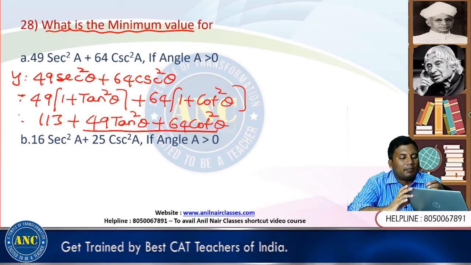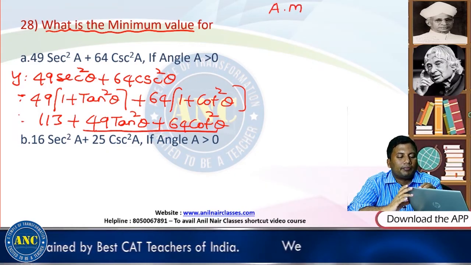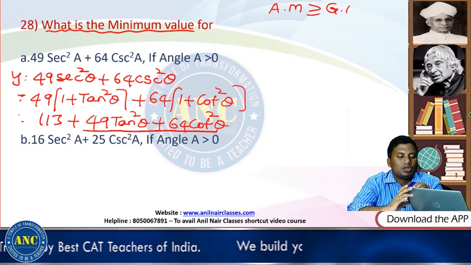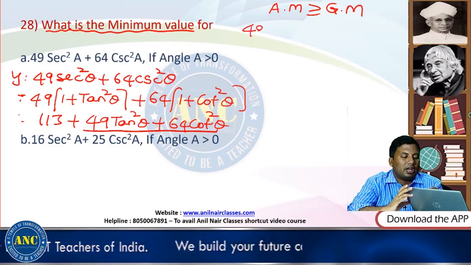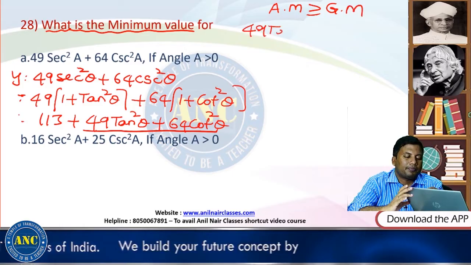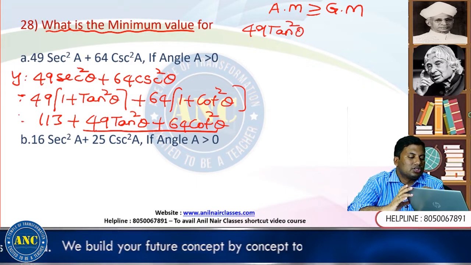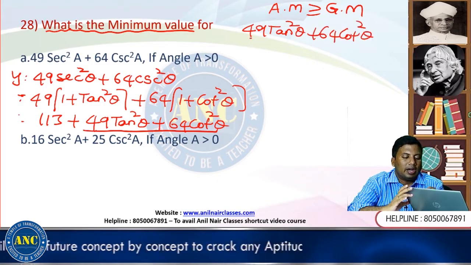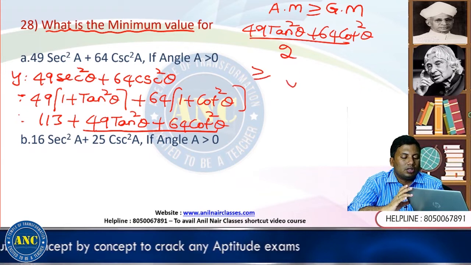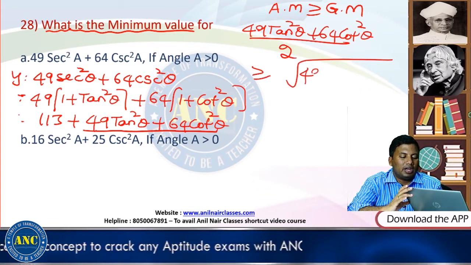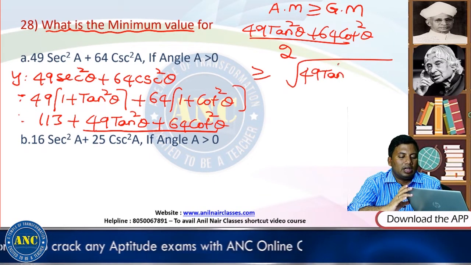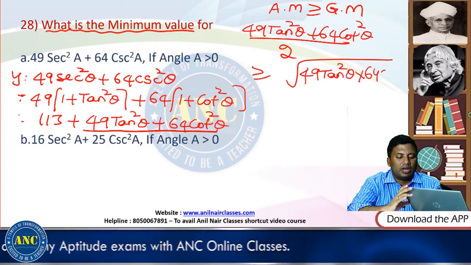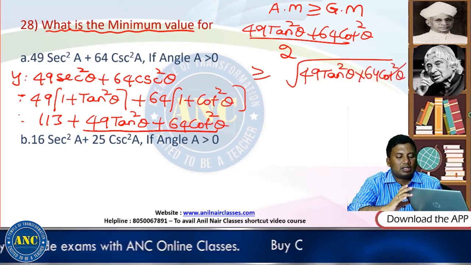Apply AM greater than or equal to GM. So (49 tan square theta plus 64 cot square theta) by 2 is greater than or equal to the root of 49 tan square theta into 64 cot square theta. Cancel.